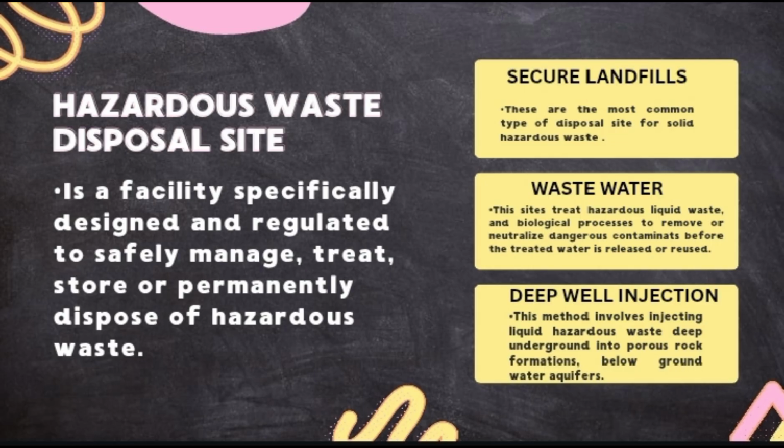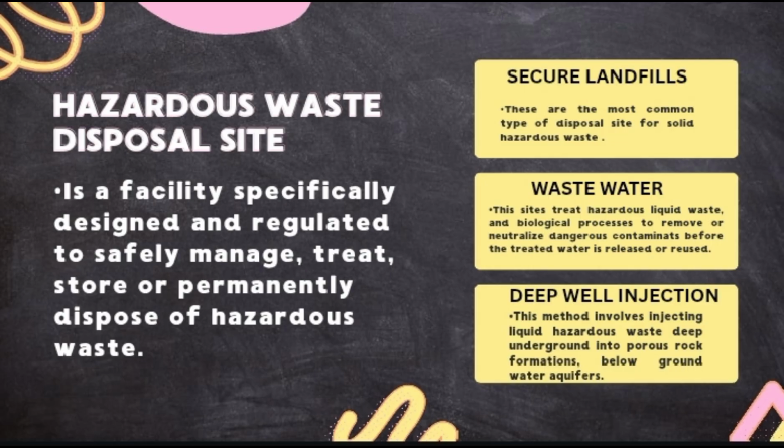First is secure landfills. This is used for solid waste like trash or soil that has chemicals. The waste is buried under the ground with layers of plastic and clay so it won't leak and mix with the soil or water. For example, factories may throw contaminated soil or old chemical waste in secure landfills to keep it safe.